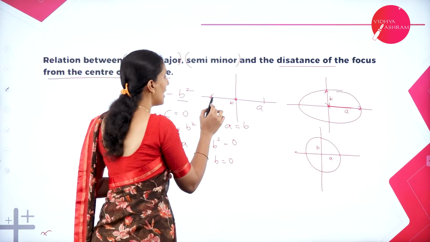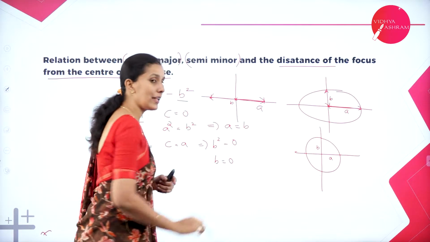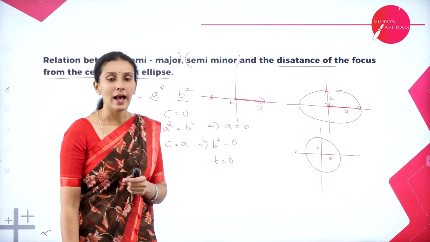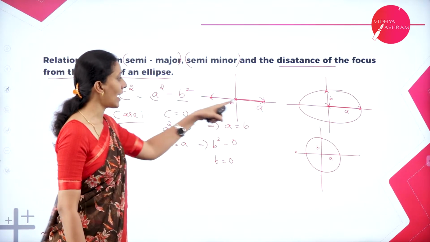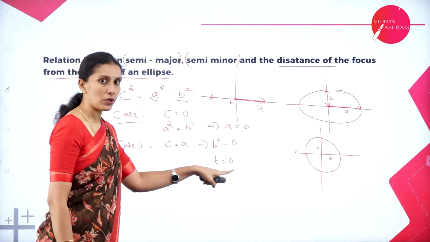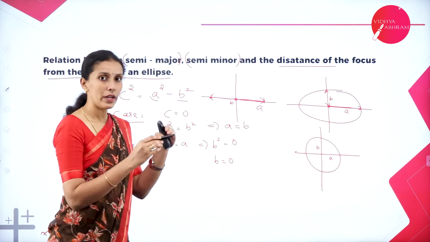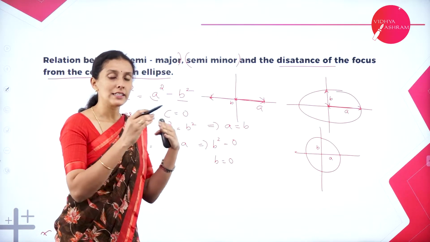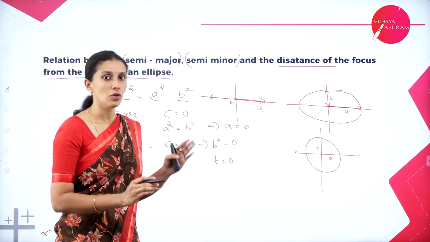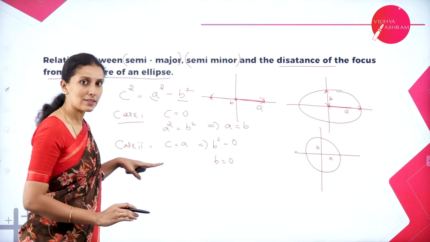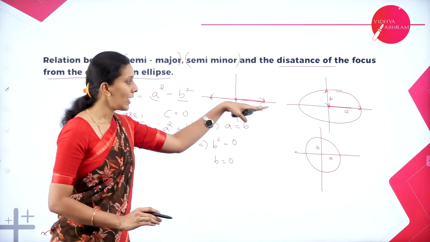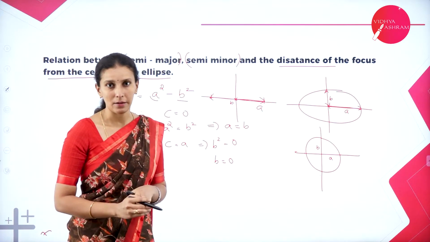We get a line segment which contains only the semi-major axis. Since B is equal to 0, it will be at the origin, so we don't get any curve there. So in the case of C is equal to A, the ellipse becomes a line segment.